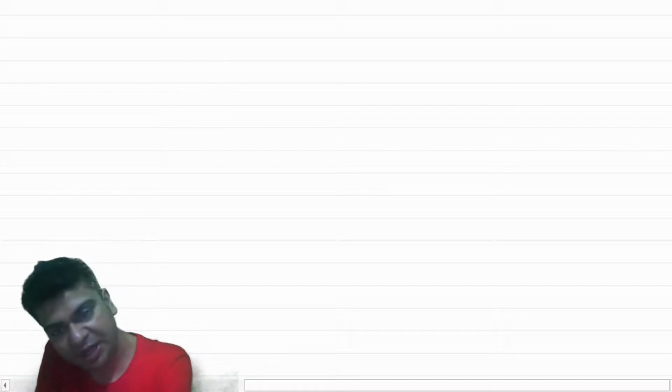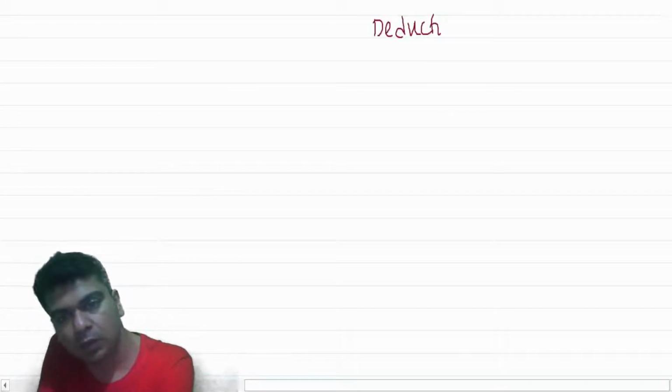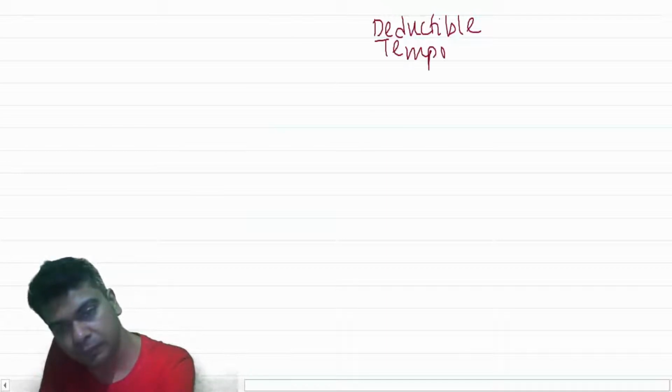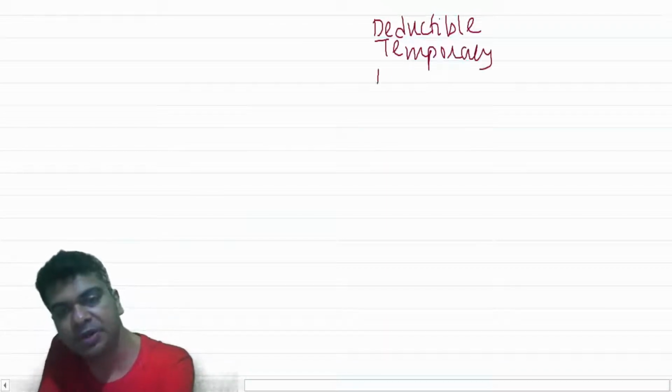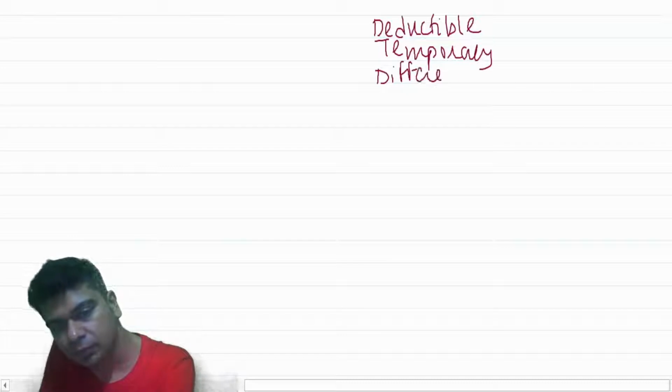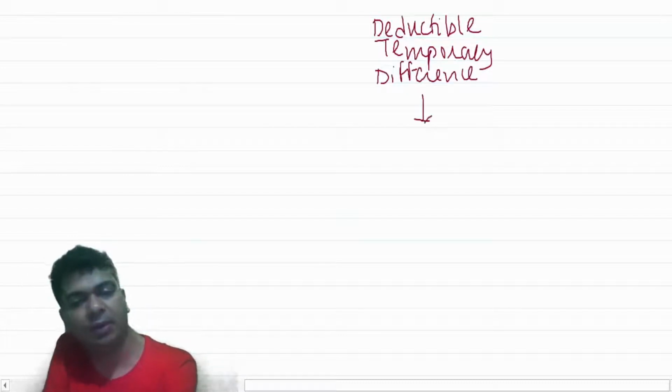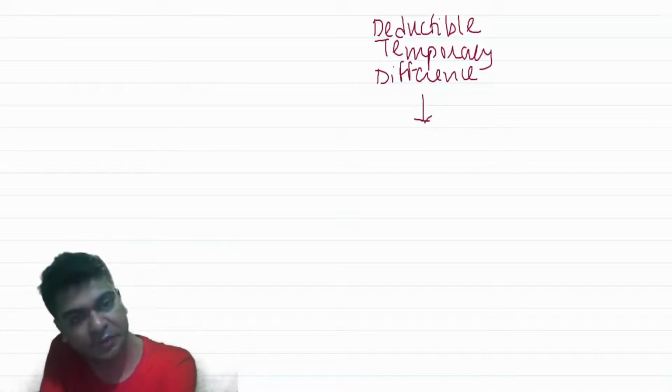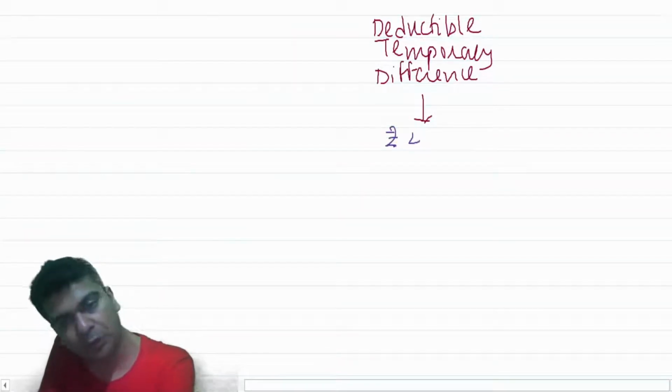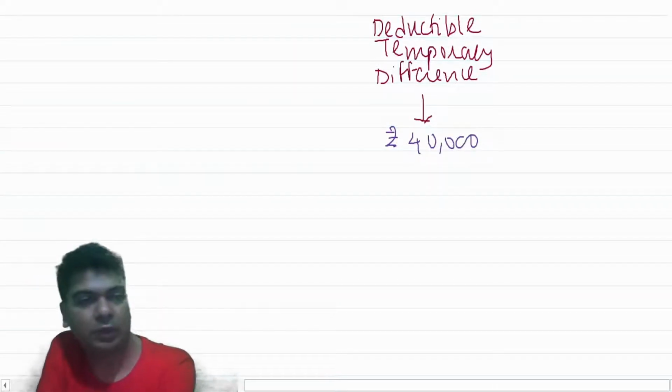Let us say you are having a deductible temporary difference. Let's say the deductible temporary difference is rupees 40,000.